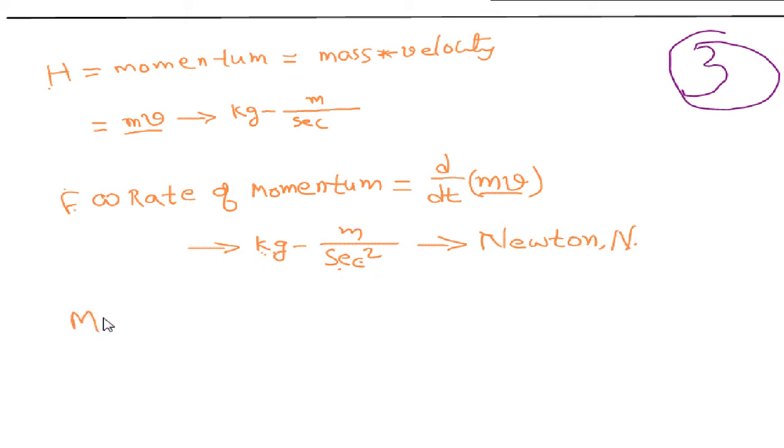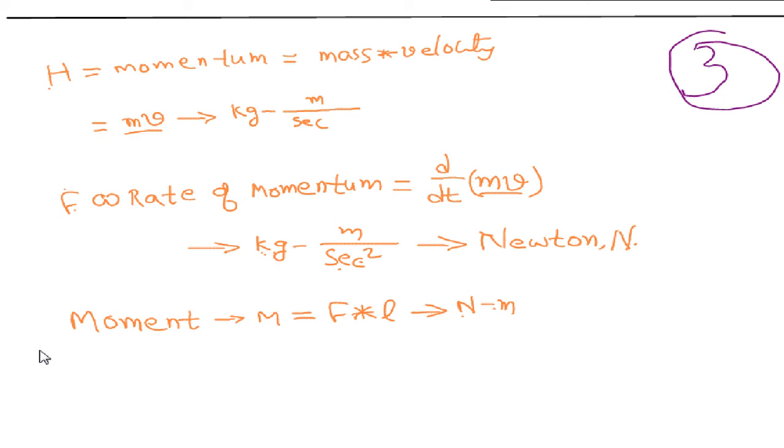Another quantity we may define is the moment of a force, which we represent by the symbol M. This will be equal to force multiplied by moment arm, and because force has units newtons and length has units meters, it is Newton times meters.